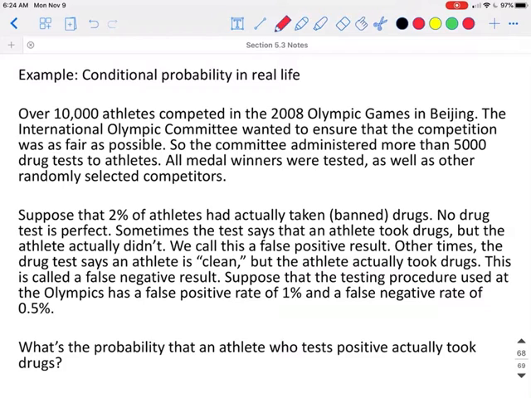Suppose that the testing procedure used at the Olympics had a false positive rate of 1% and a false negative rate of 0.5%. What's the probability that an athlete who tests positive actually took the drug? So we are looking for the probability that they actually took the drug given that they tested positive.